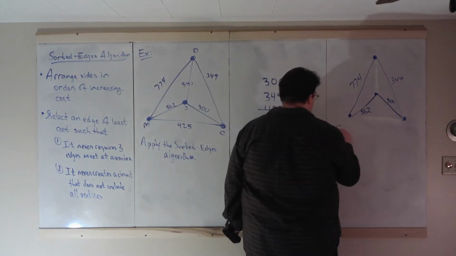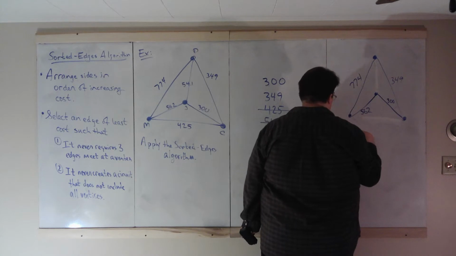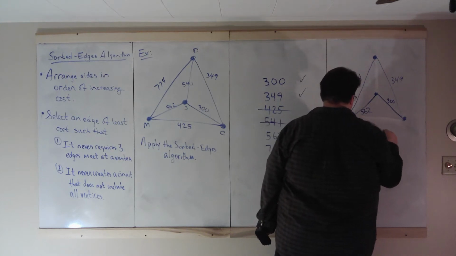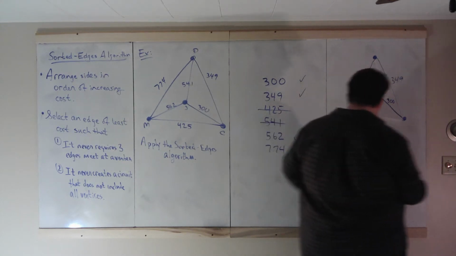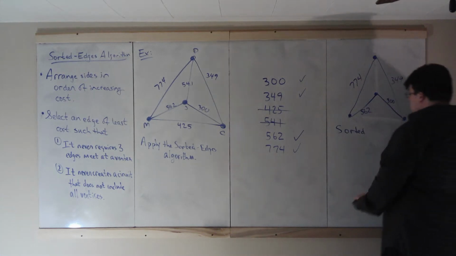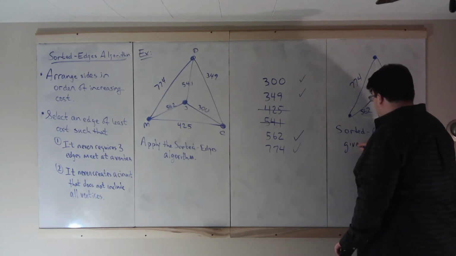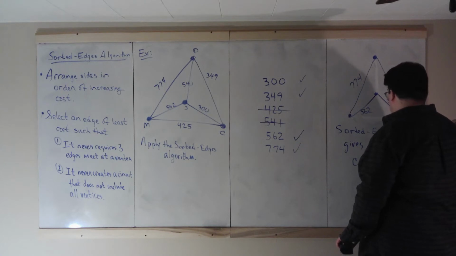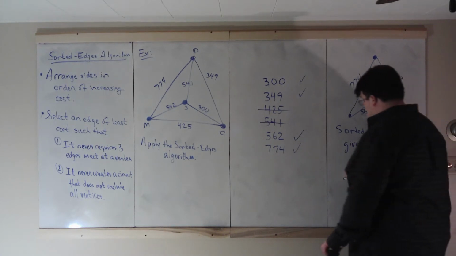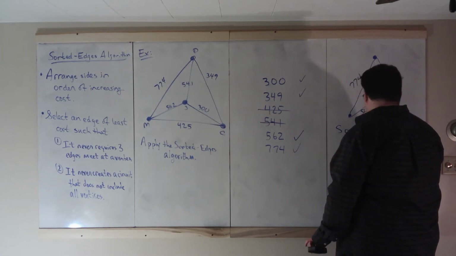So the sorted edges algorithm gives which circuit? C, S, M, D, C, which is not the minimum cost one.